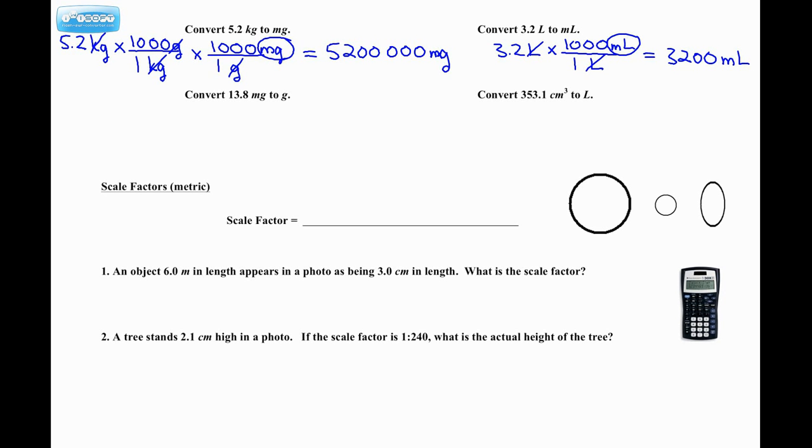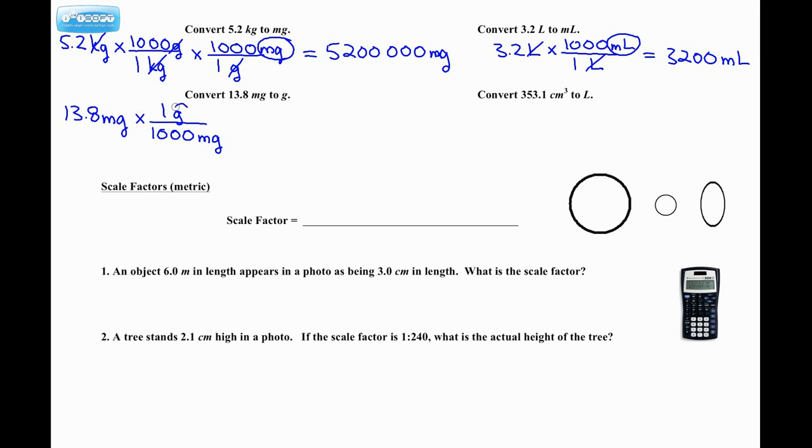Convert 13.8 milligrams to grams. That's a one-step problem. So I write 13.8 milligrams, and I want to go to grams. Well, you should know that there are 1,000 milligrams in a gram. So in order for the milligrams to cancel, the 1,000 has to go down here. So the 1 gram goes here.